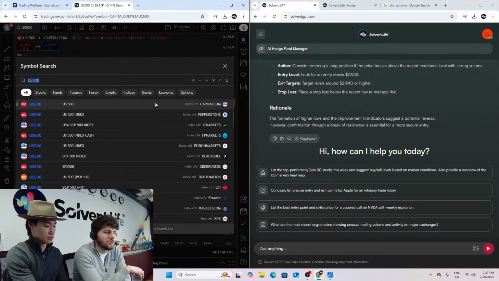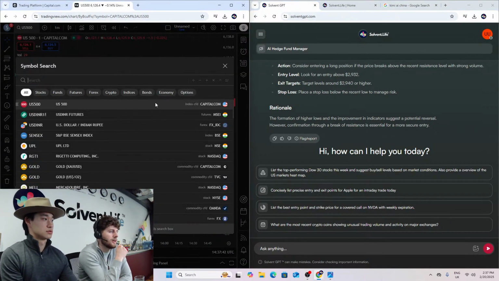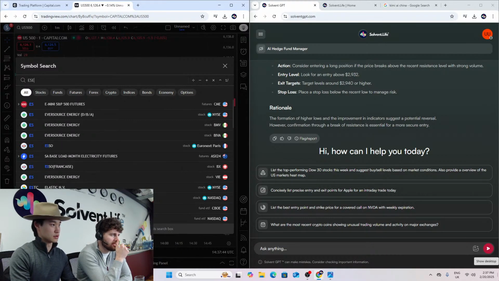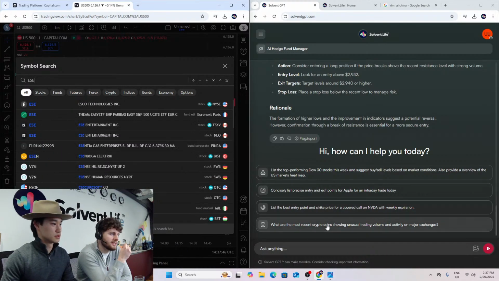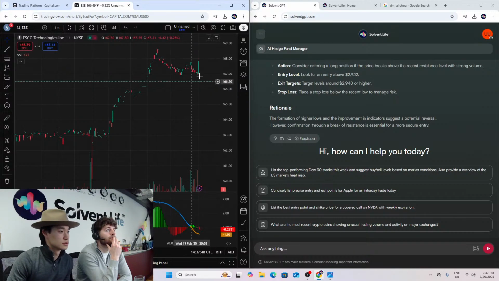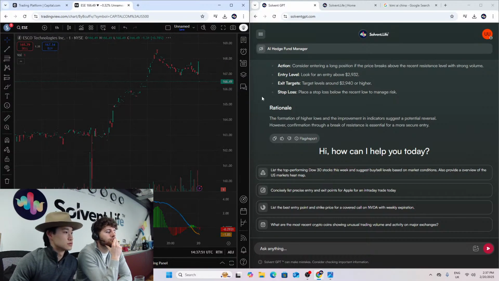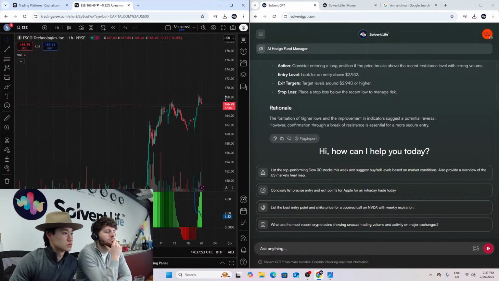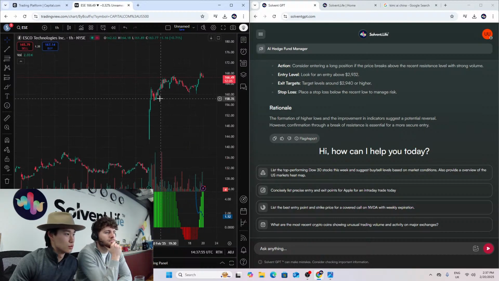We're going to have a look at Duke Energy, one of the stocks we were recommended the other day by the GPT, or ESCO Technology. Quite a lot of growth.